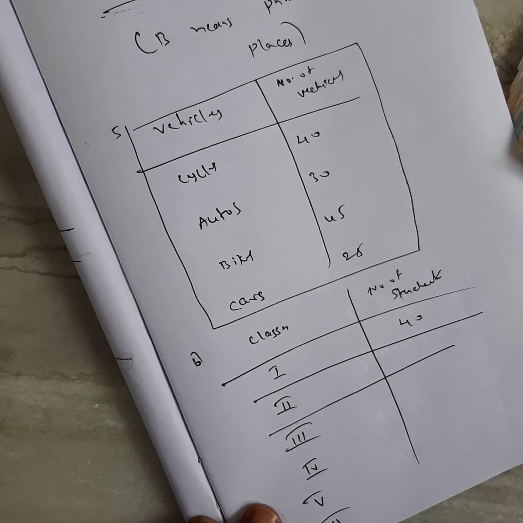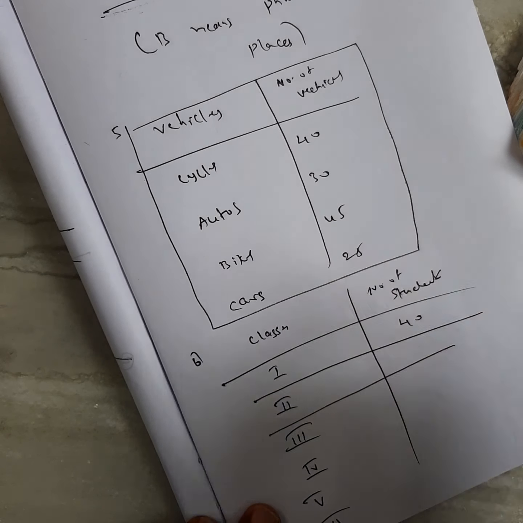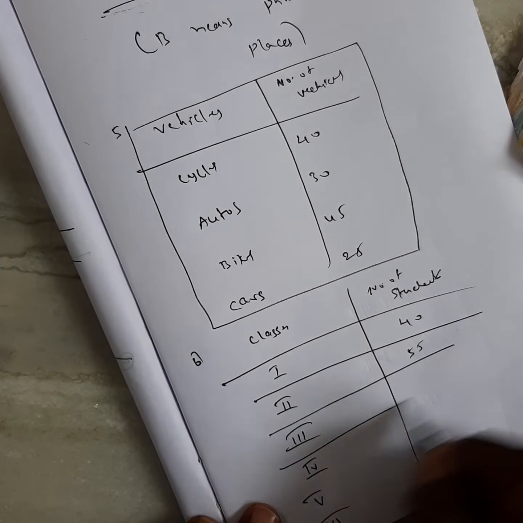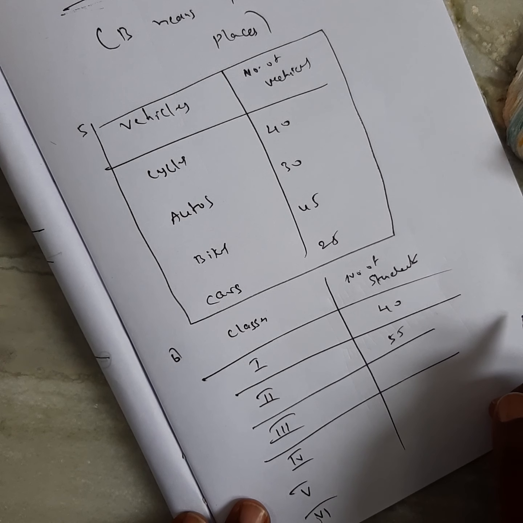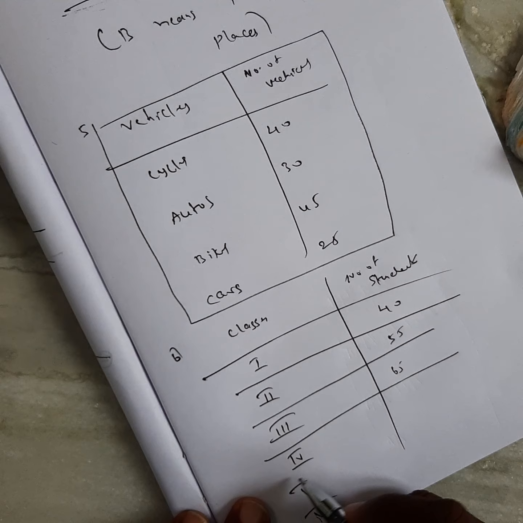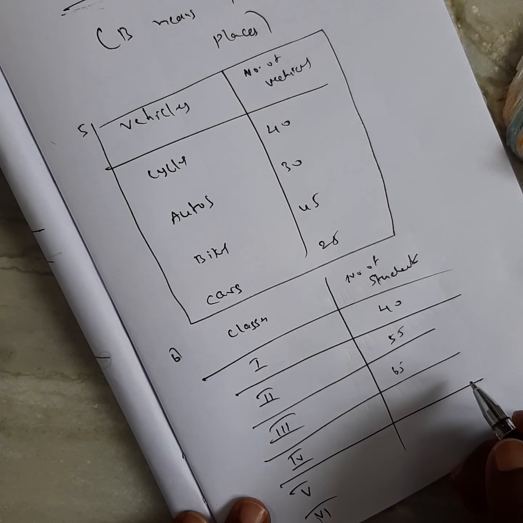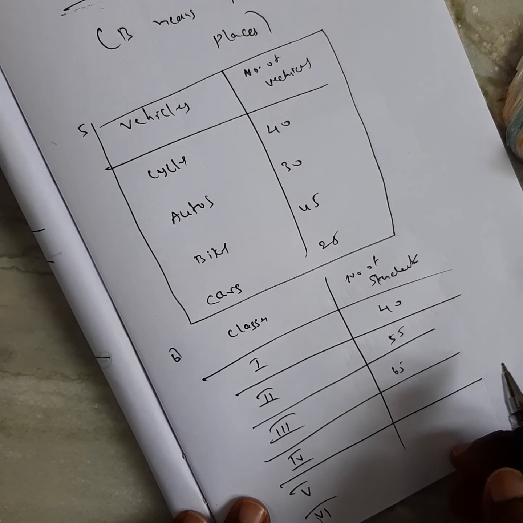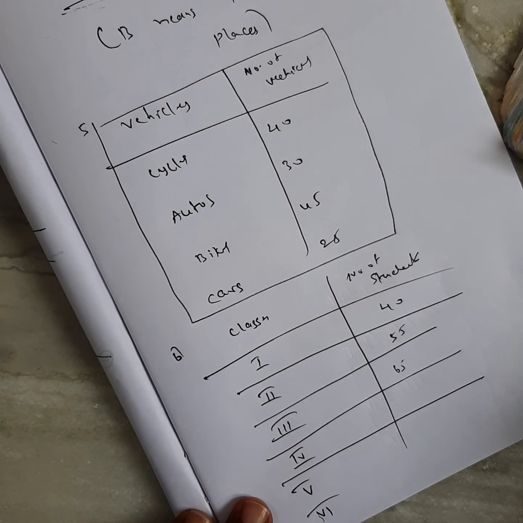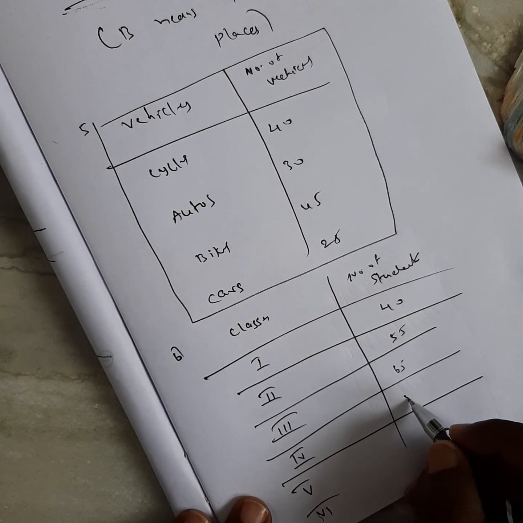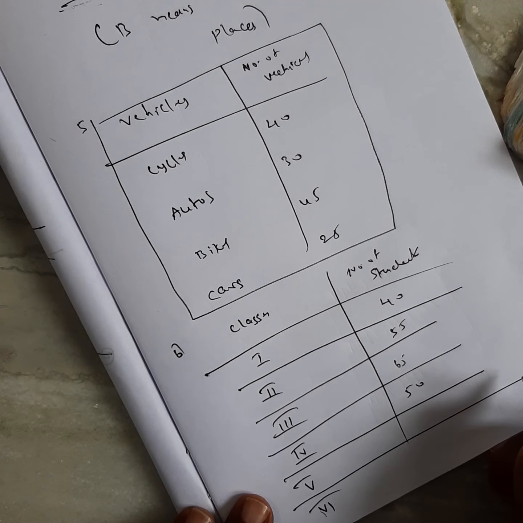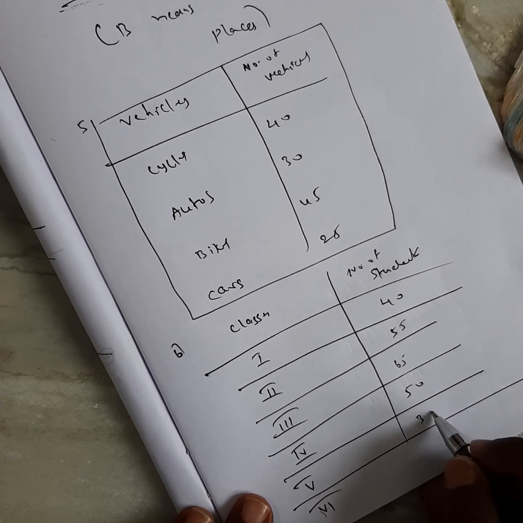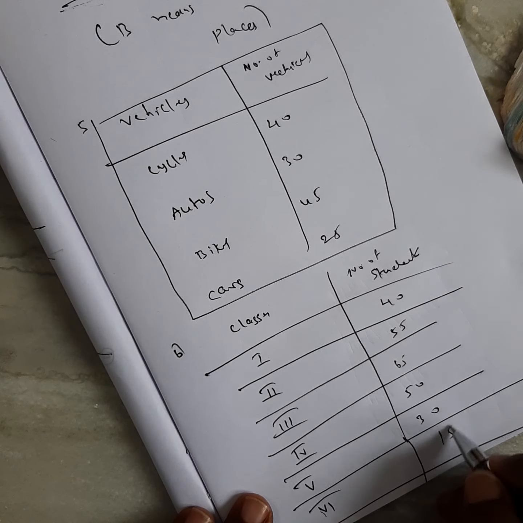In the second class? 55. You have to keep it like this. Third class 65, fourth class 50, sorry, fourth class 50, fifth class 30, sixth class 15.